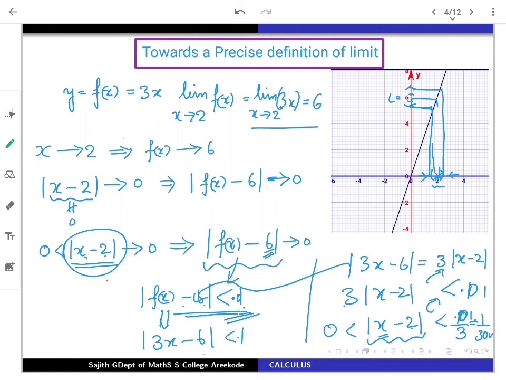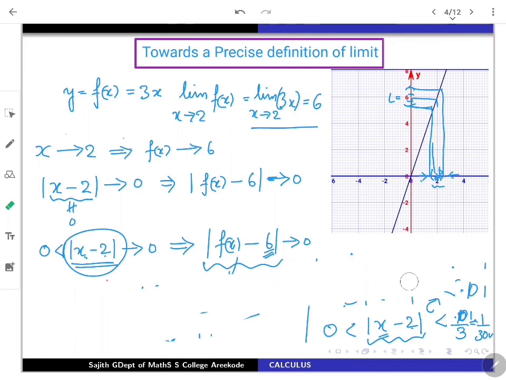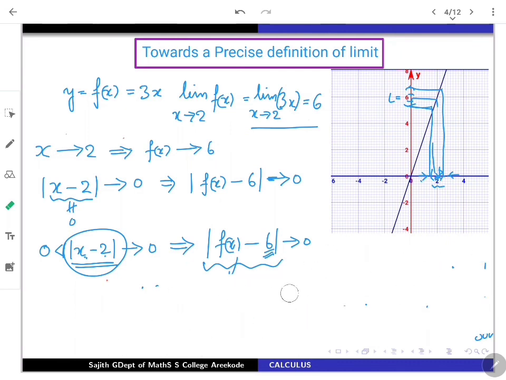So this says that as x goes nearer to 2, f of x is nearing 6. More precisely, if you supply any positive number, 0.1 or 0.01 or 0.001, or in general, using our more precise mathematical language, give me some tolerance level. Just give me any epsilon, a positive number, maybe 0.1, 0.01, anything like that.